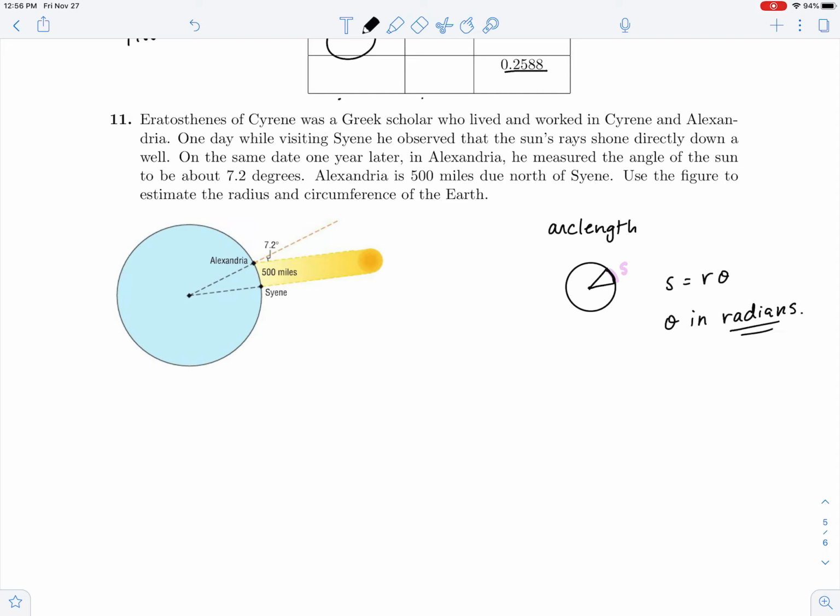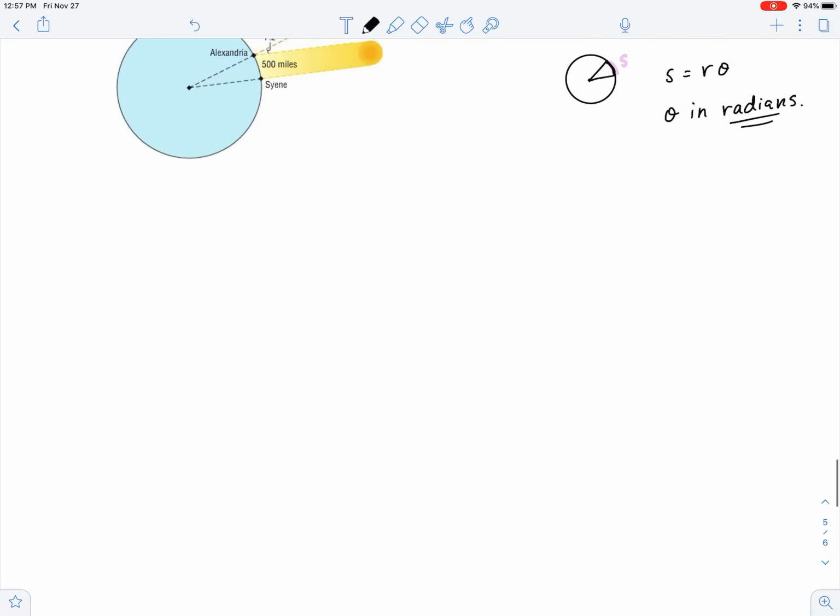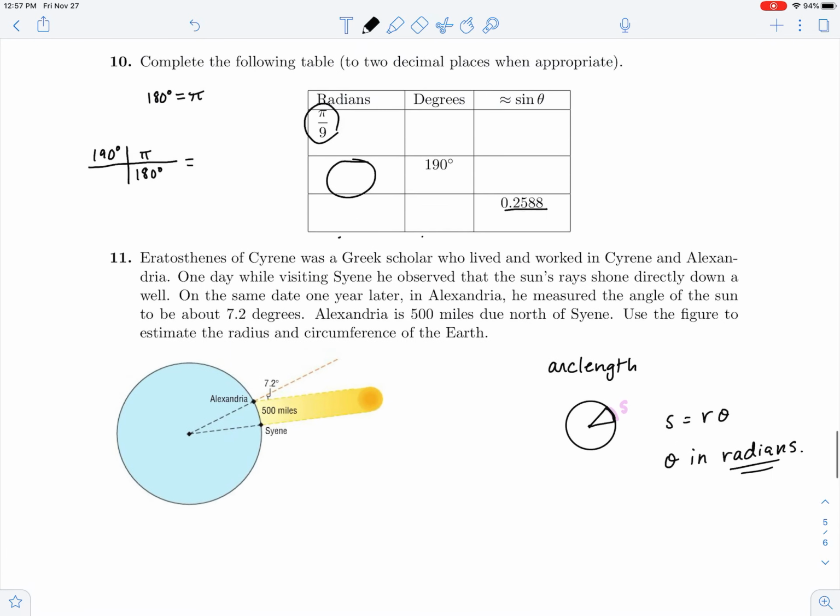Theta has to be in radians. If you put it in with degrees, the formula doesn't work because radians are a proportion of the circle, okay? And so the only way you're going to get the arc length is if you have it in radians. Okay, so this one's actually a pretty simple problem. Requires walking 500 miles in the desert, but okay, that's it.